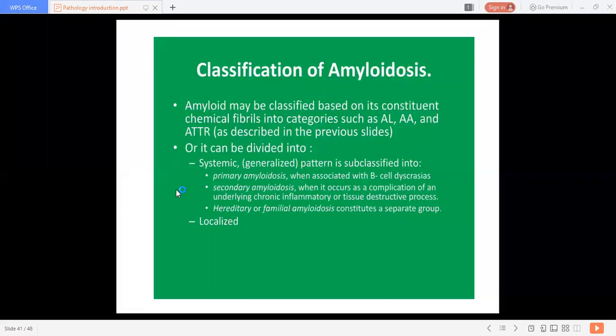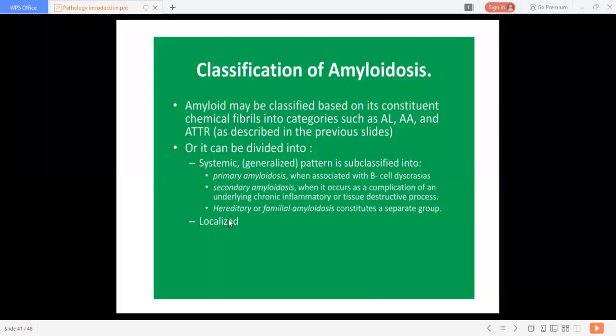Now the amyloid may be classified based on its constituent chemical fibrils into categories such as AL, AA and ATTR. It is not related to your syllabus, so we are just going to deal with AL and AA amyloid. It is divided into systemic amyloidosis and localized amyloidosis.